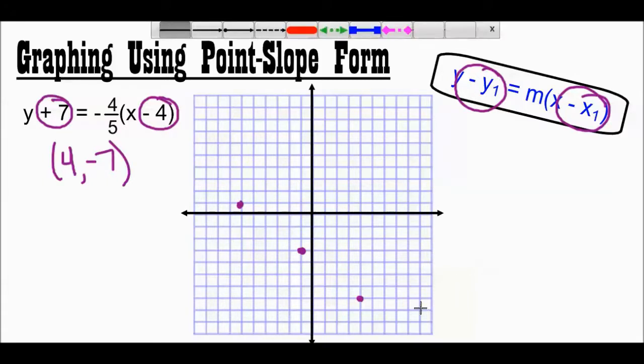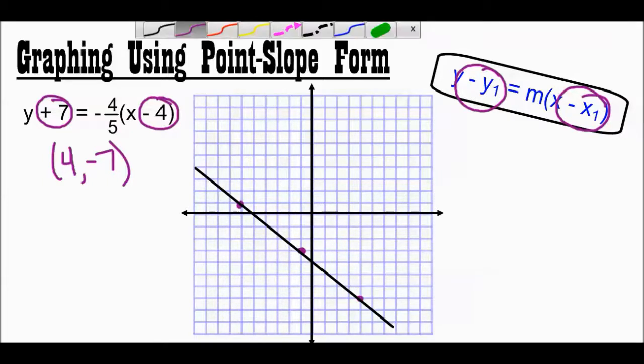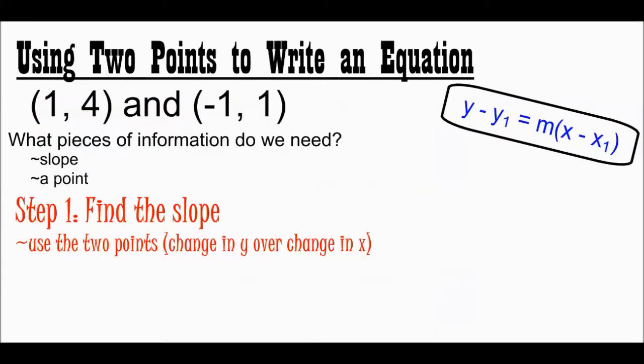Then I can connect my dots. Actually, let's redo that. Let's start right here. There we go. Then I can extend it the other direction and draw my arrows on the ends. And there's our line. I know it's going down because I have a negative slope.